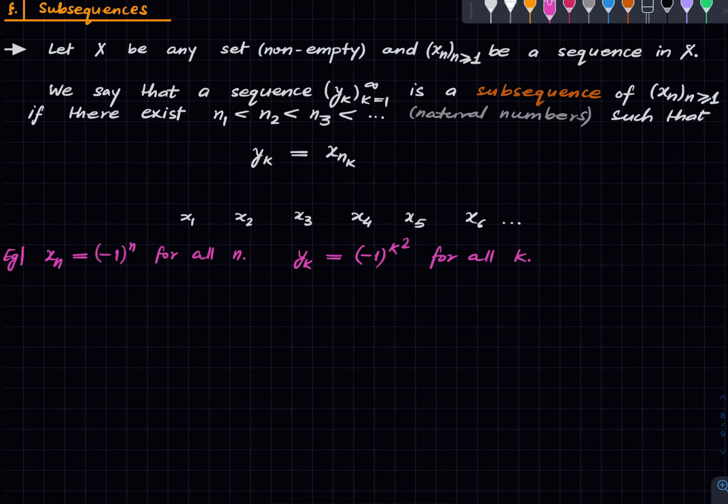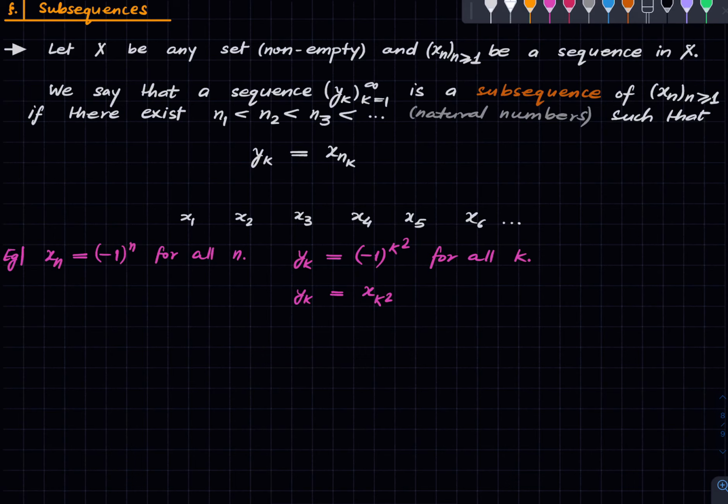Then yk is nothing but x sub k square. Of course, when you substitute 1, 2, and 3 in place of k, this is an increasing sequence of natural numbers, and hence yk is a subsequence. So what you're doing is you're rejecting the elements of the sequence which correspond to non-perfect squares. Just some arbitrary selection. So that's a subsequence.